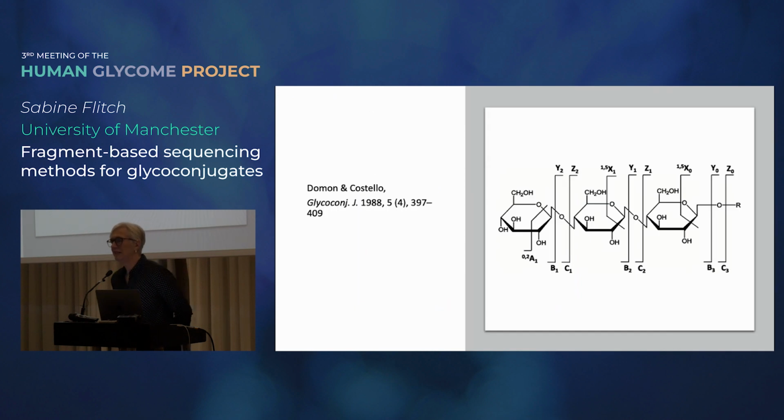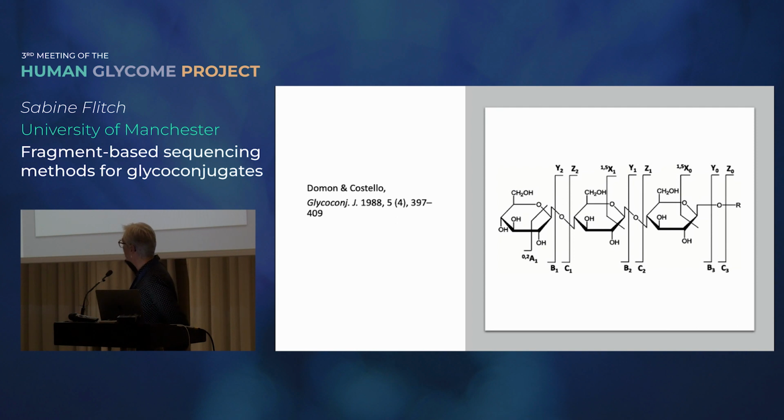Now, in terms of fragmentation of carbohydrates, we unfortunately don't have restriction enzymes so much. We have some, and we have PNGases, but as you all know, that's more difficult for other glycoconjugates. But we have this fantastic method of fragmenting carbohydrates into fairly defined fragments, all developed by, for example, Domon and Costello. I think that's really the classic work in this area.